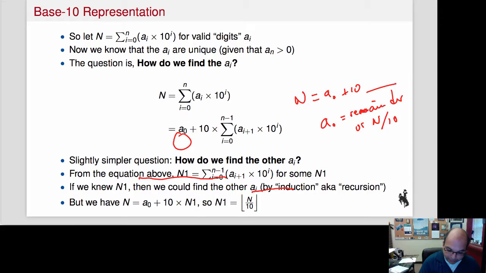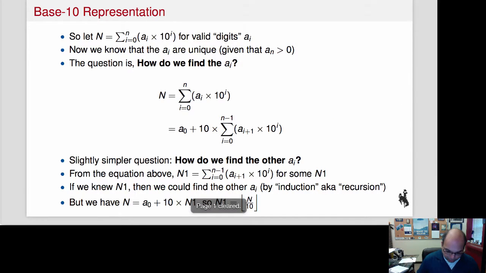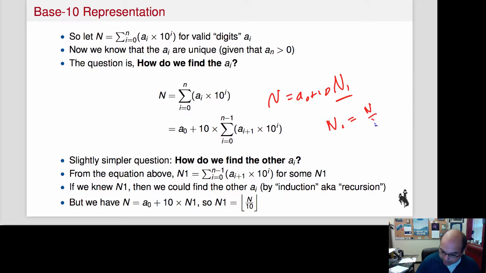Now what we have here, like I said, is n equal to a0 plus 10 times n1. So the question is, what exactly is n1? Again, because we just did a remainder, it must be n divided by 10, and this should be an integer.